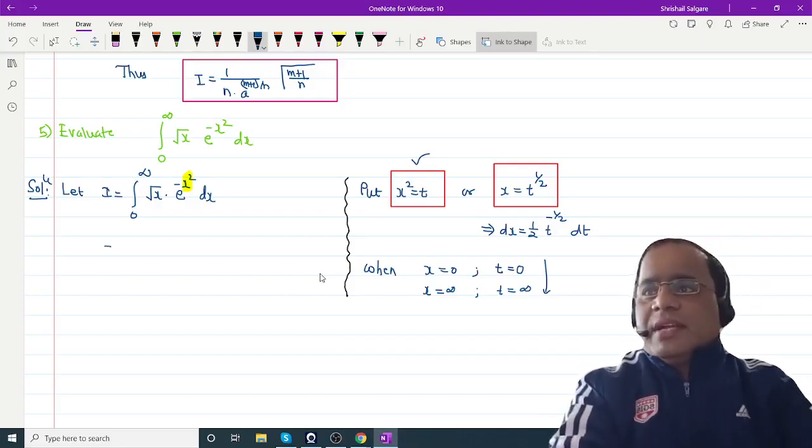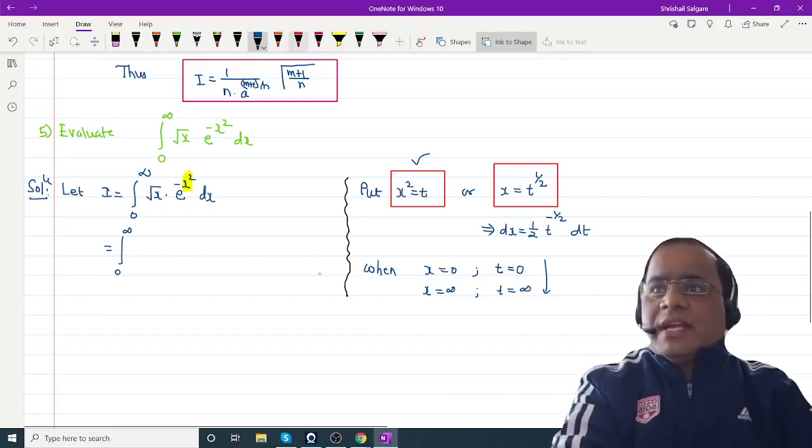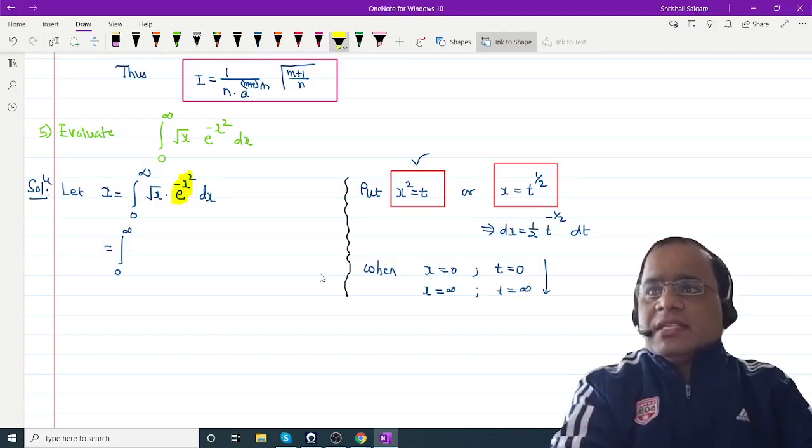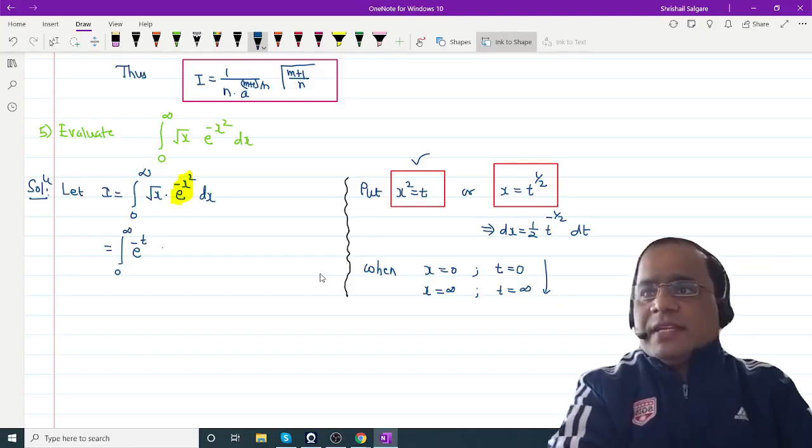So the same integral I will write with new limits from 0 to infinity. First I will write the exponential term, that is the kernel. The focus is to obtain the kernel, that is e to the power minus x square, and x square is t, and the value of x is t raised to 1 by 2.